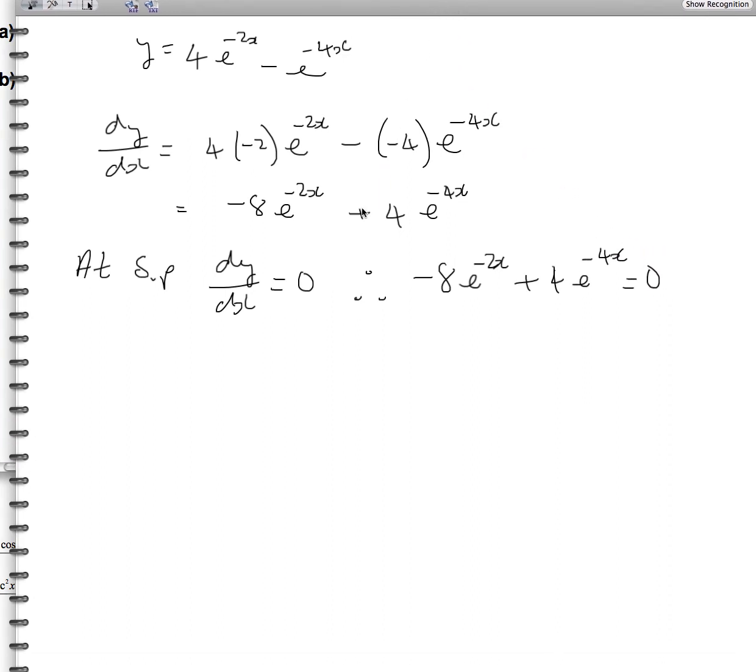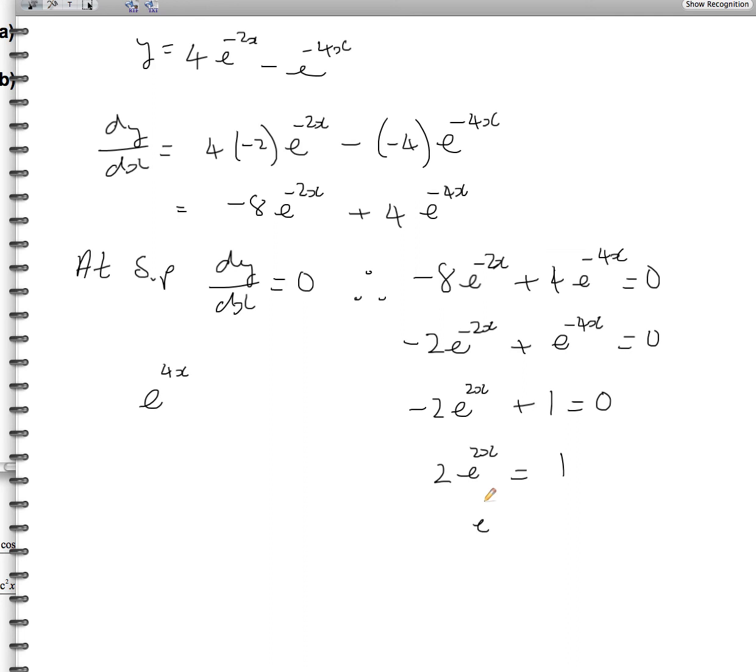Well, we can divide by 4, so we get minus 2 e to the minus 2x plus e to the minus 4x equals 0. We can multiply by e to the power 4x. That will give us minus 2 e to the power 2x plus 1 equals 0. So 2 e to the power 2x is equal to 1.